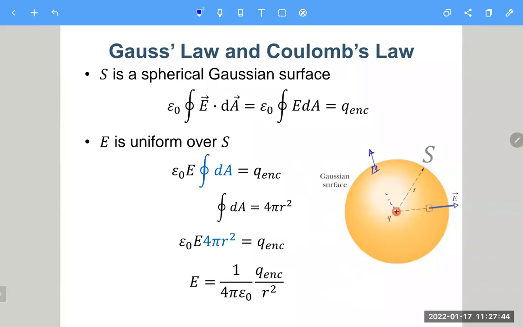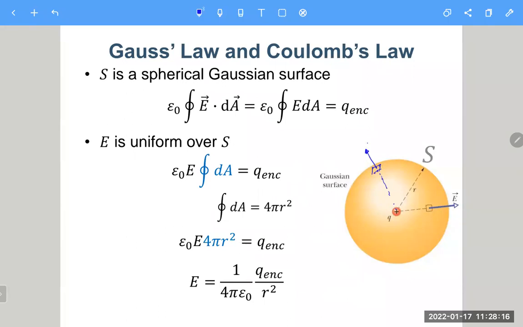So it should be in the radial direction, the radial axis. If you try to connect the center to that point, dA, which is perpendicular to this surface, should be on this axis. And we can also imagine that E is also in this direction, according to what we know before.